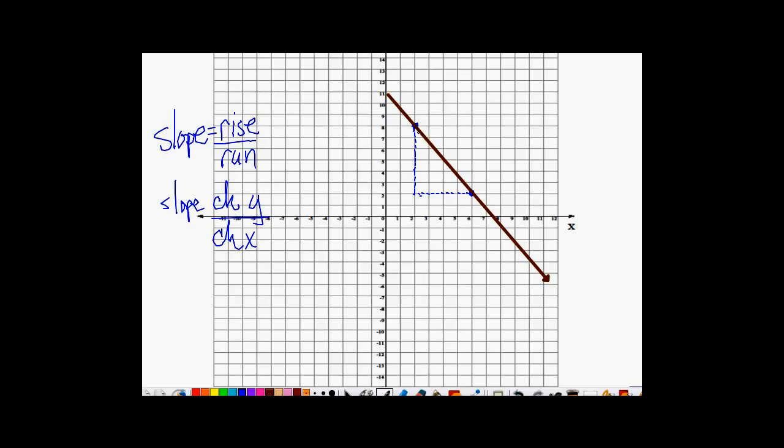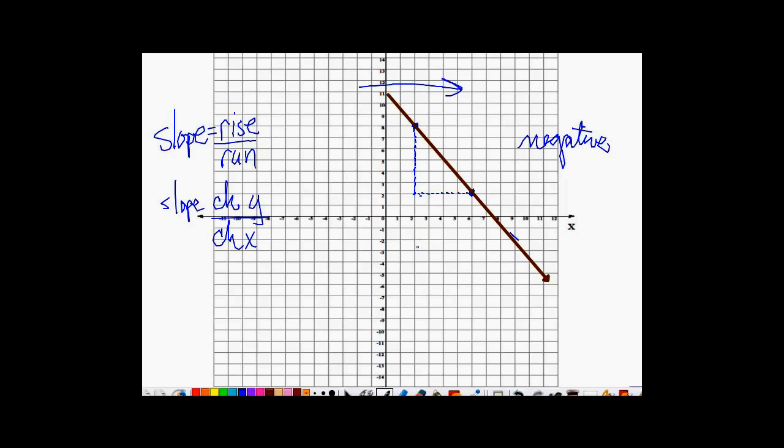So to get from this point to this point, and I always read a line left to right. So I'm going left to right. Now, notice that this is down, right? So if a line is slanting down, that should tell me right there that it is going to have a negative slope. Let's see how the numbers line up with this. So I'm going to go down 1, 2, 3, 4, 5, 6.